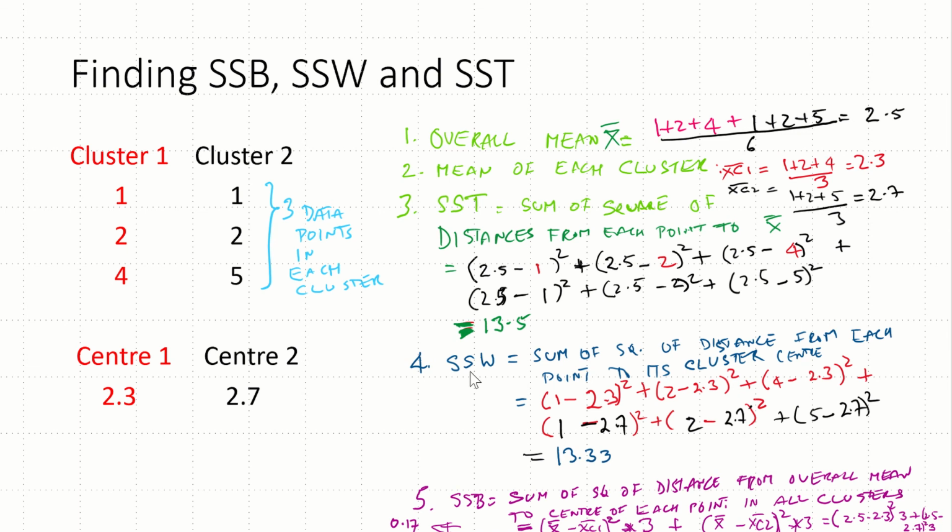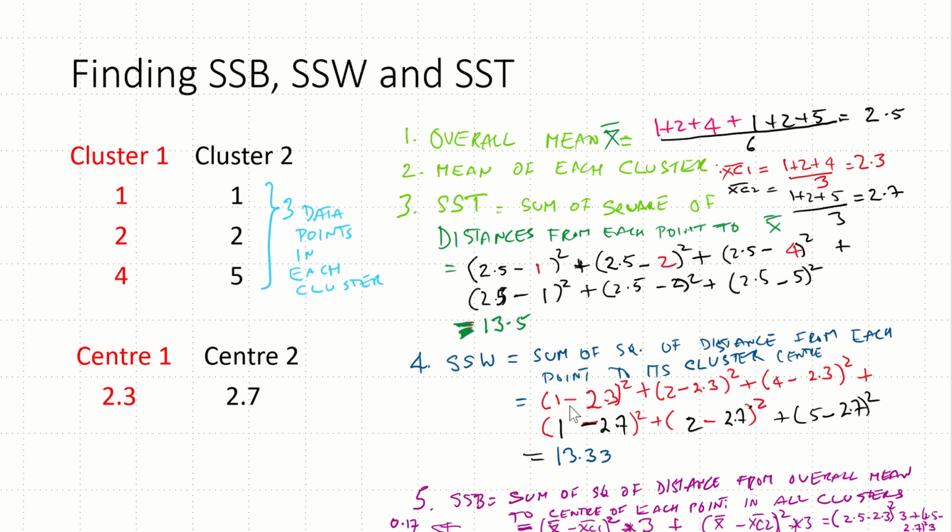The SSW, which is the sum of the squares of the distance from each point to its cluster center, is obtained by squaring the difference of each point to its cluster center. In this case, we evaluated the cluster center to be the same as the mean of each cluster.